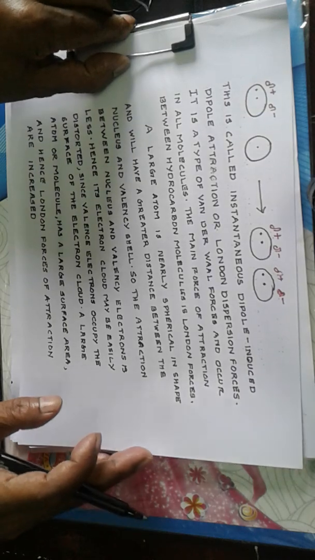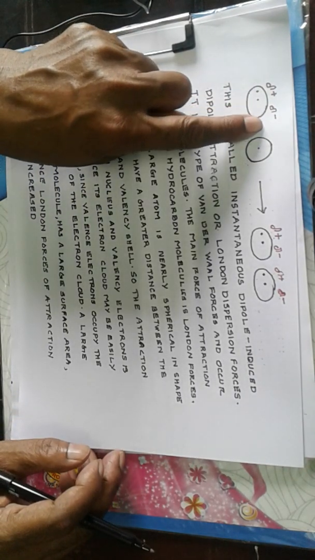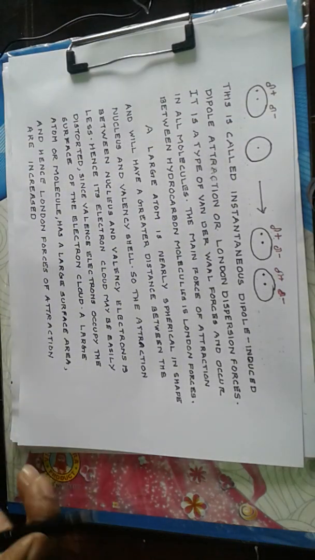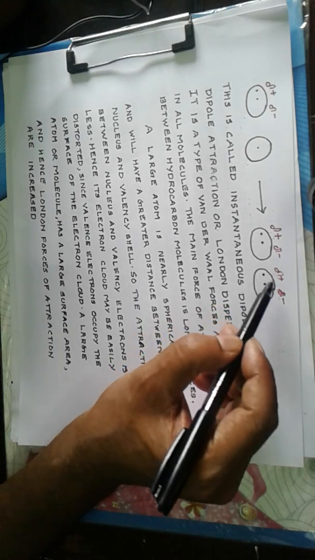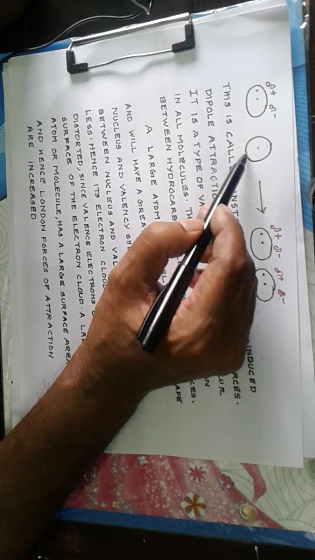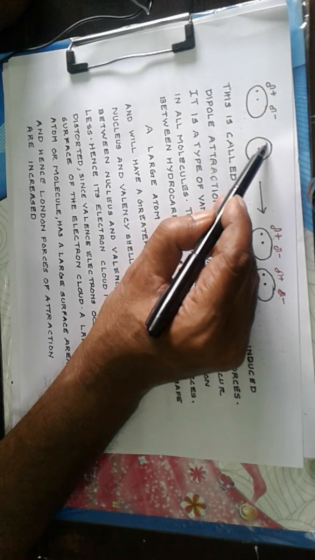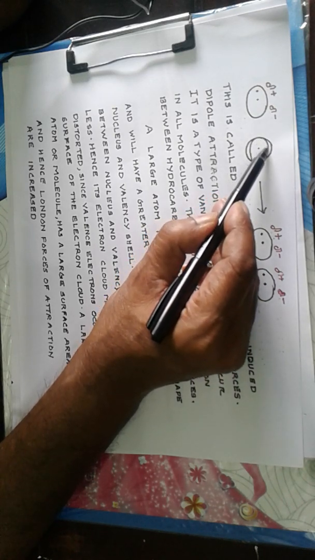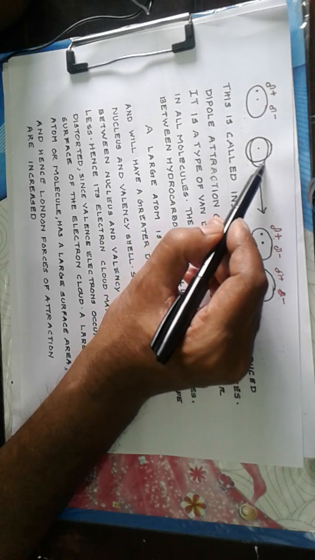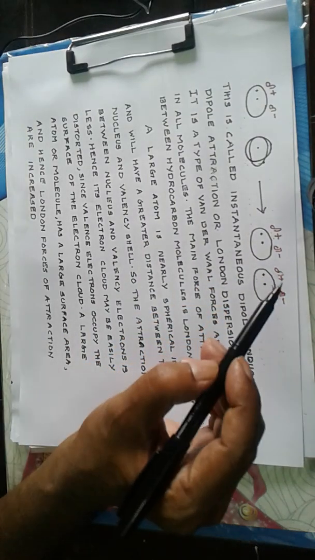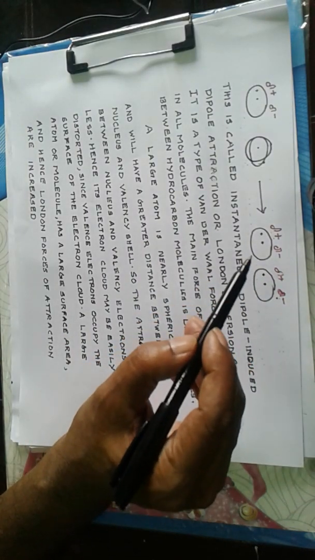What happens is that the first dipole, with its negative end, will repel the electron cloud of the second molecule or atom. Then a dipole is created in the second molecule due to the repulsion of the electron cloud. So the electron cloud will move away from this region and form a shape nearly like this, so that this end will have a delta negative charge and this end will have a delta positive charge. Now, this is called induction.